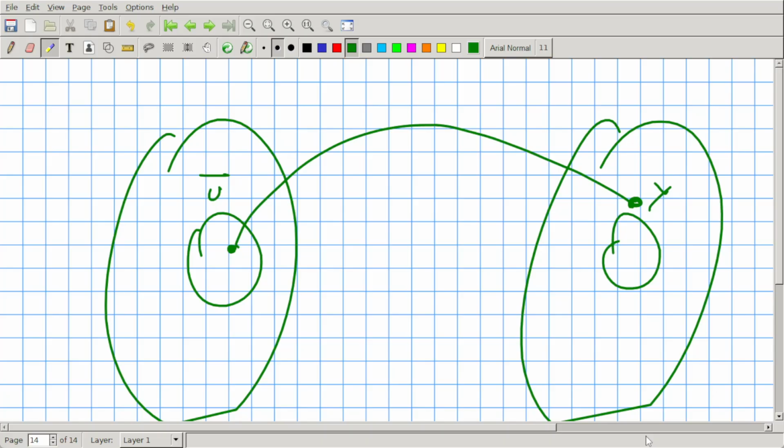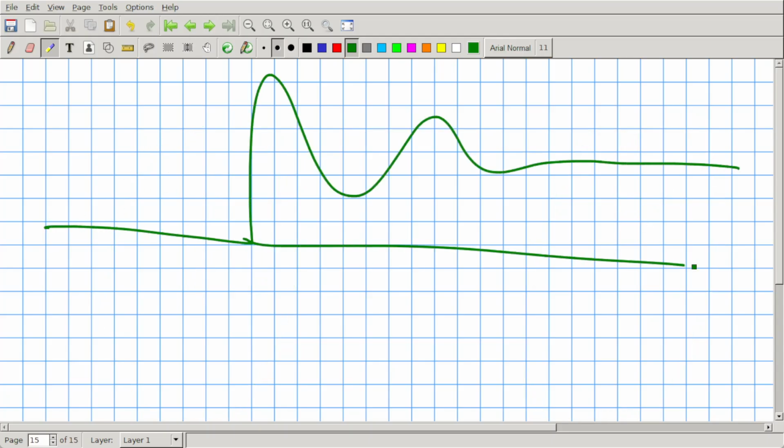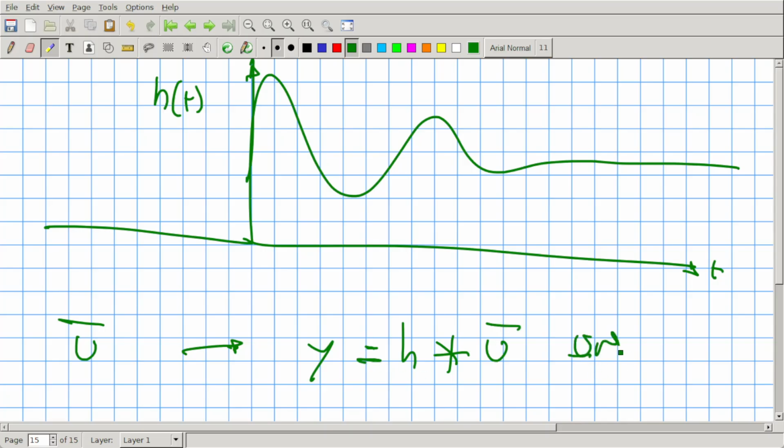True? Perfect. We have something that looks like this times my h of t. Find a bounded u such that the y that corresponds is unbounded.